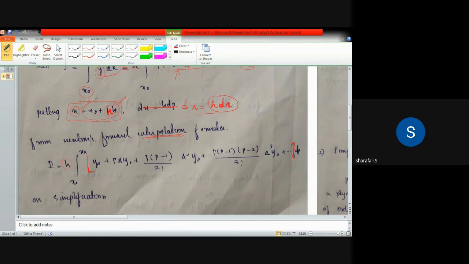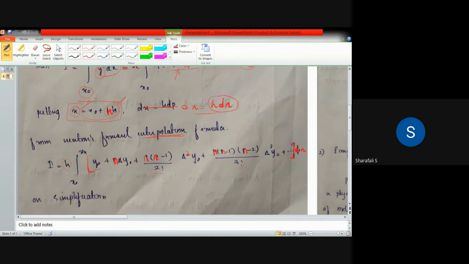You know Newton's interpolation formula: y0 plus, instead of p I can write n, delta y0 plus n times n minus 1 delta square y0 by 2 factorial, then n times n minus 1 times n minus 2 delta cube y0 by 3 factorial, all those things. This we already discussed, plus etc., times dn. So this is what we are going to do.